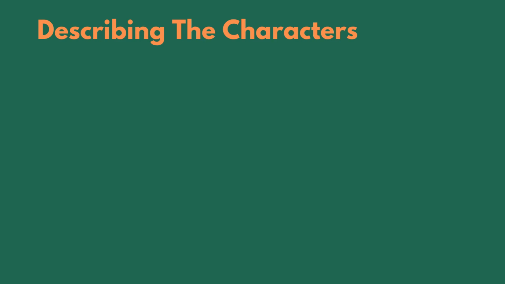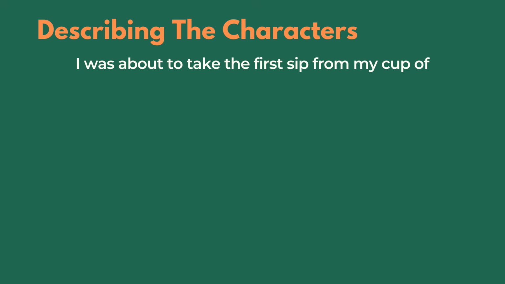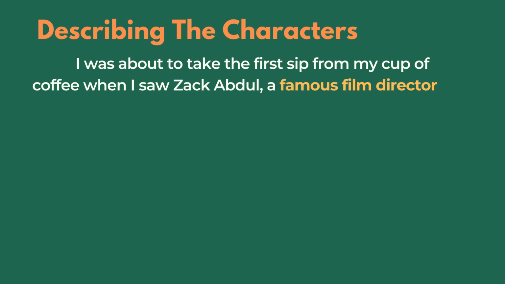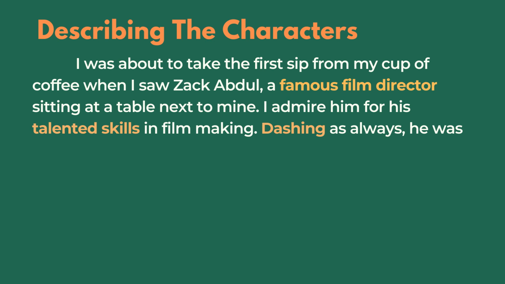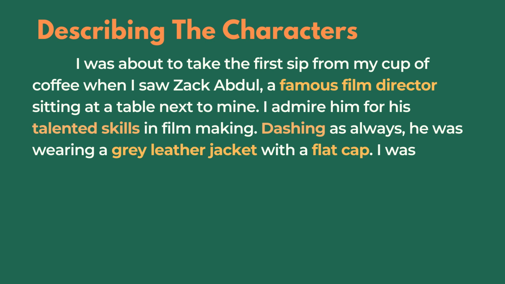Let's look at this example on how to describe the characters. I was about to take the first sip from my cup of coffee when I saw Zach Abdul, a famous film director, sitting at a table next to mine. I admire him for his talented skills in filmmaking. Dashing as always, he was wearing a gray leather jacket with a flat cap.